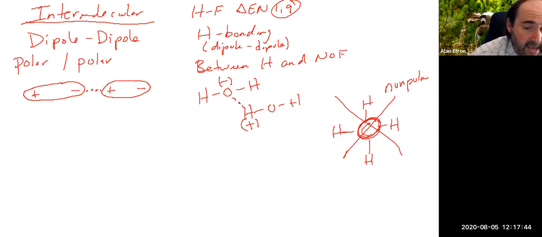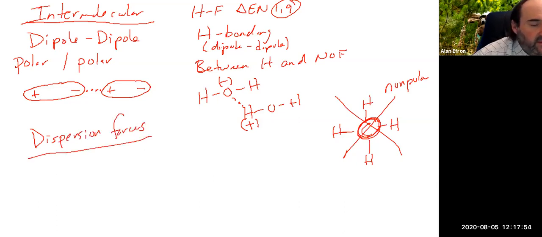What that molecule can do, though, is use what are usually referred to as dispersion forces. These dispersion forces are relatively weak interactions that occur in normally nonpolar molecules. If you have a nonpolar molecule next to another nonpolar molecule, the electrons, which are moving around, could move over to one side versus the other.